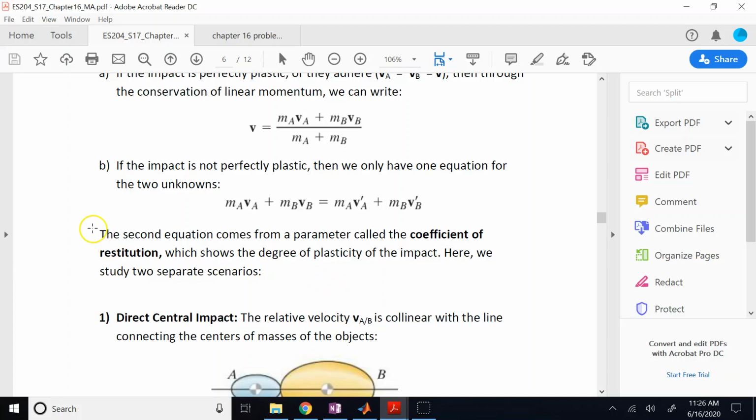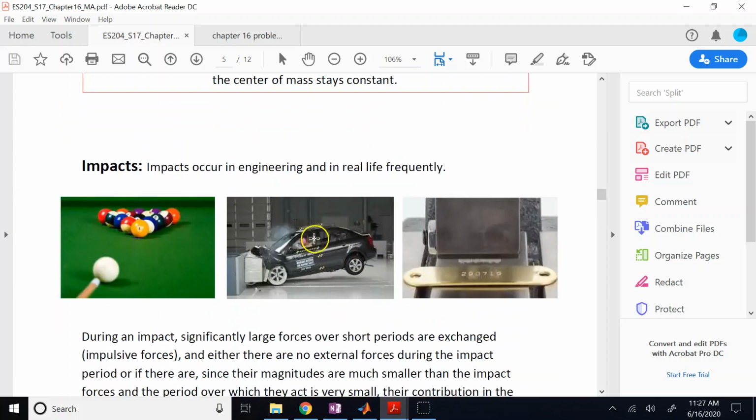So this coefficient of restitution, E, is a function of the nature of impact. What type of impact do you have? Is the impact something like these balls here, that when they hit each other, after impact, you don't see a significant amount of deformation, right? They hit each other and then separate very well.